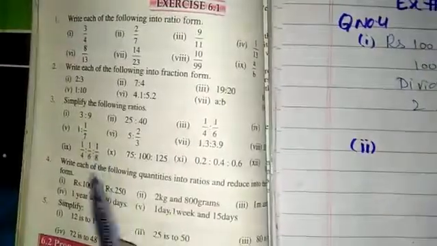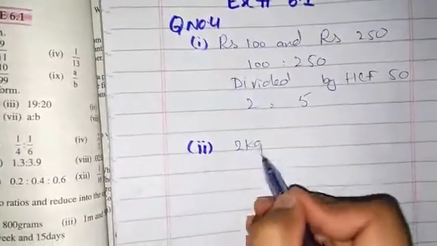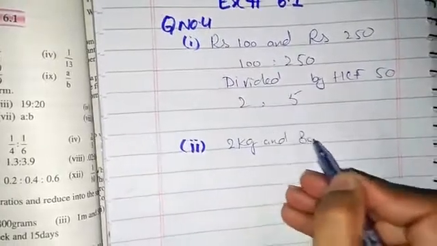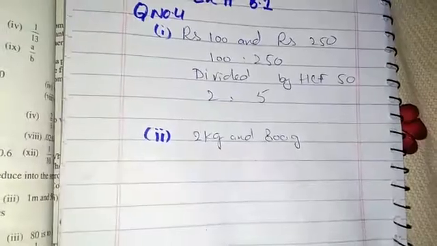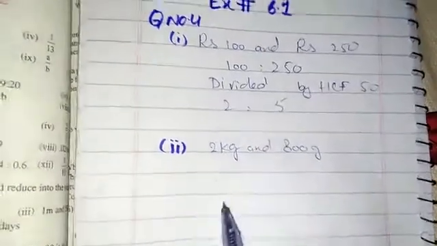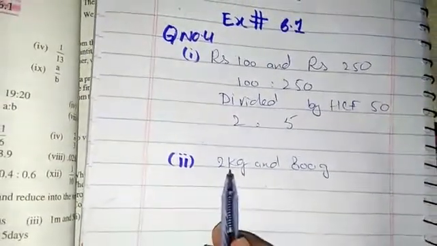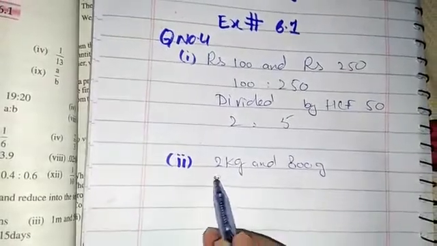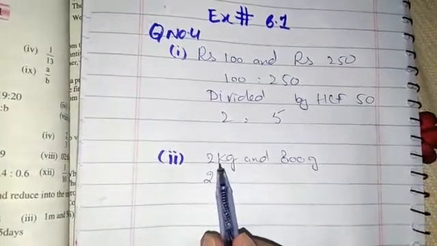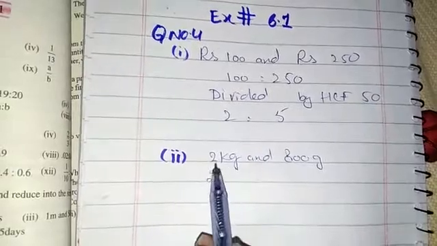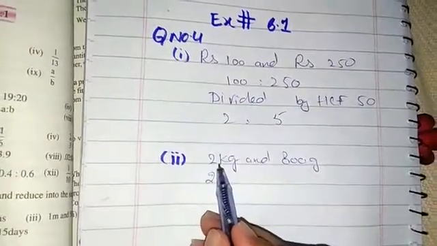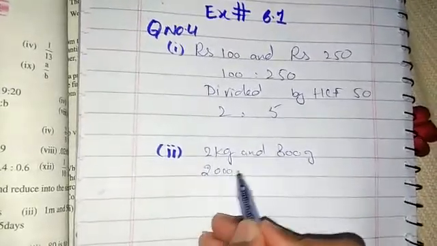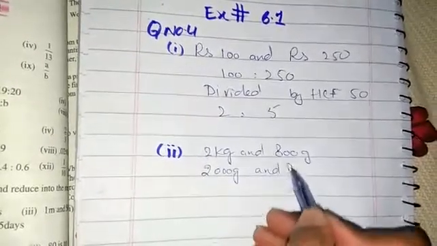Next, our second part is 2 kg and 800 grams. Both the quantities do not have the same units. So we convert the 2 kg into grams. 1 kilogram contains 1000 grams, so 2 kg contains 2000 grams, and 800 grams.